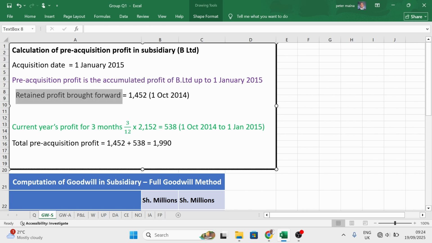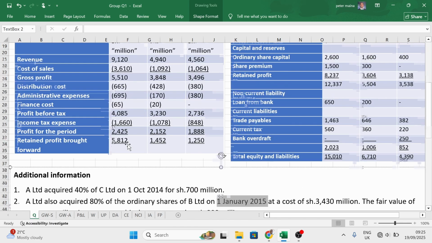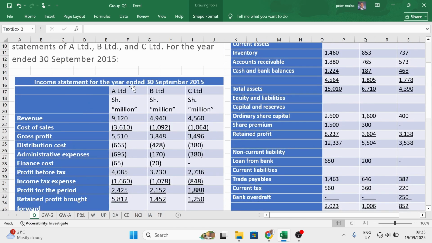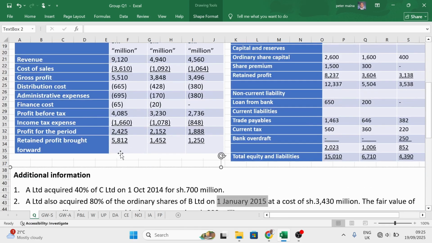That is, as at the beginning of the year, which we have said is 1st October 2014. So we want the profit as at that date. Let us see whether we are provided with that in the question. So we go to the income statement for the current year.